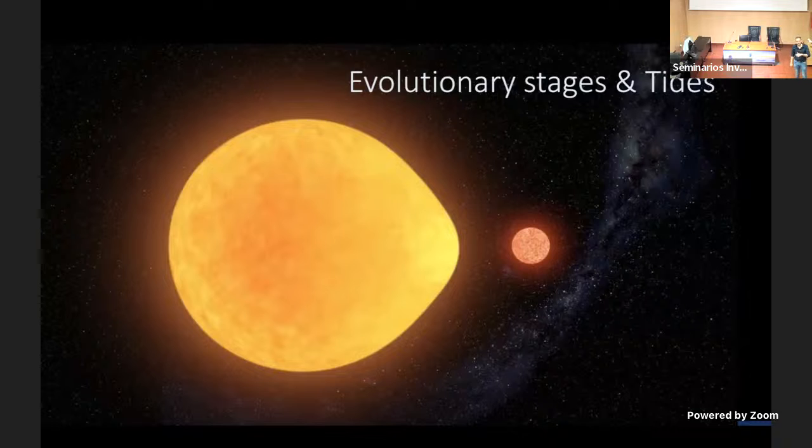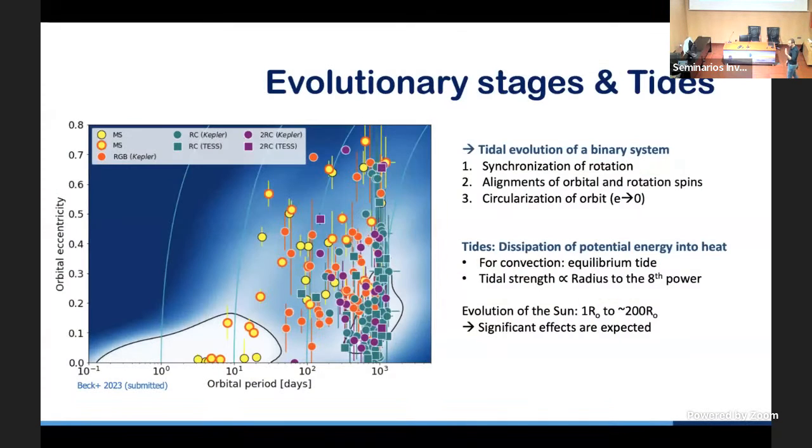There are 2 different types, but the equilibrium tide is the simpler one, which is simply a deformation. And dissipation of tidal energy is the transformation of potential or angular momentum into heat through friction. And by this process, you're driving the evolution of a binary system towards the equilibrium, where the spins are aligned, the rotations are synchronized, and the orbit is circularized. That's a binary system in equilibrium.